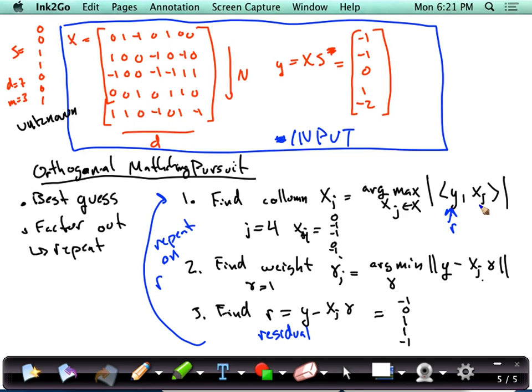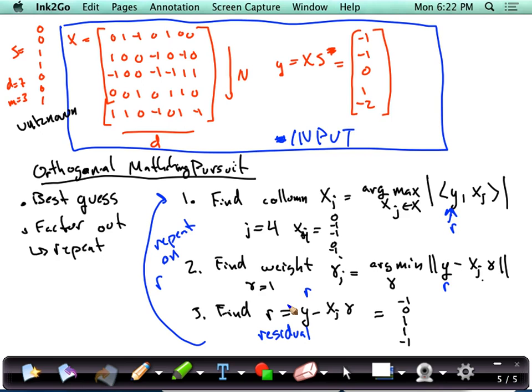What's the best explanation of that? Then I want to replace this y with an R in the best weight step, so the residual minus this explanation. And then again, I'm going to subtract from the residual to get a new residual. I want to keep doing this until the residual either completely disappears or I can't do any better. Right? So this is the orthogonal matching pursuit algorithm.